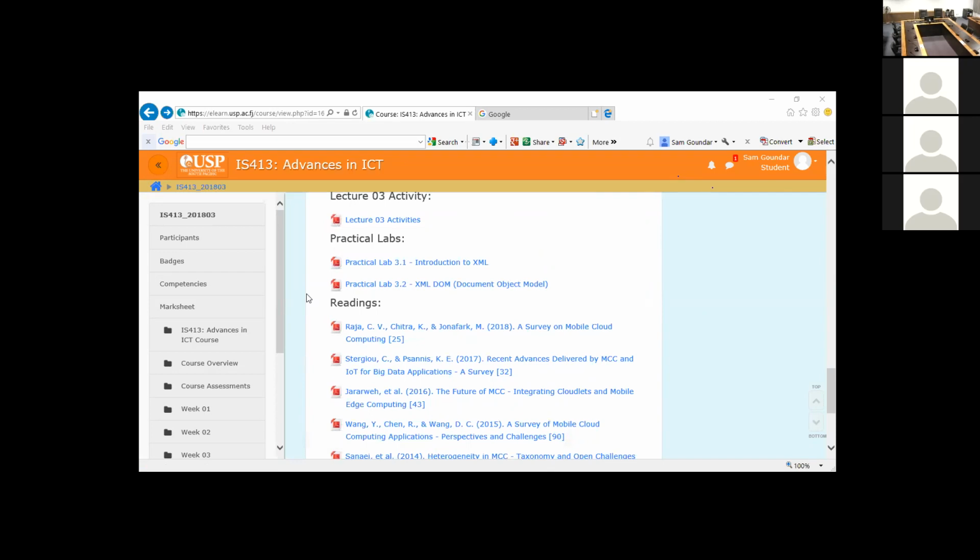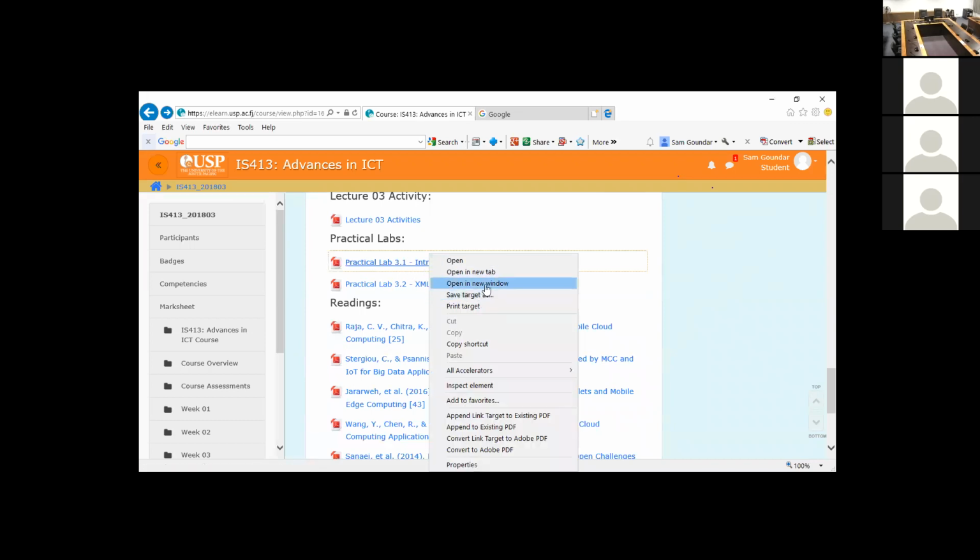Whereas some of you have not even been introduced to HTML and have no idea what XML is. So these labs are based on the premise that you have no idea what XML is, and you are going to start from scratch.